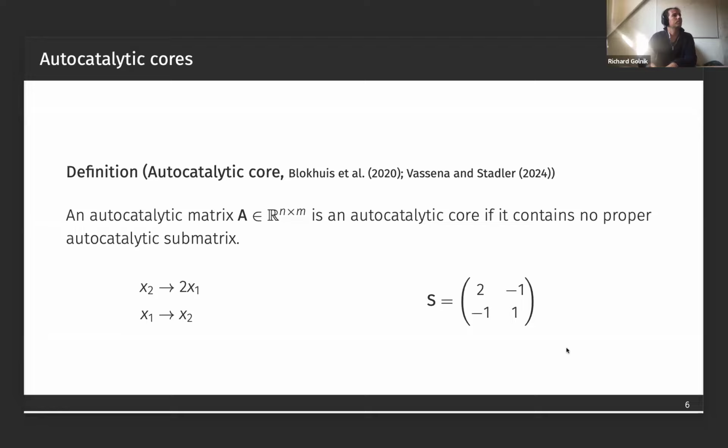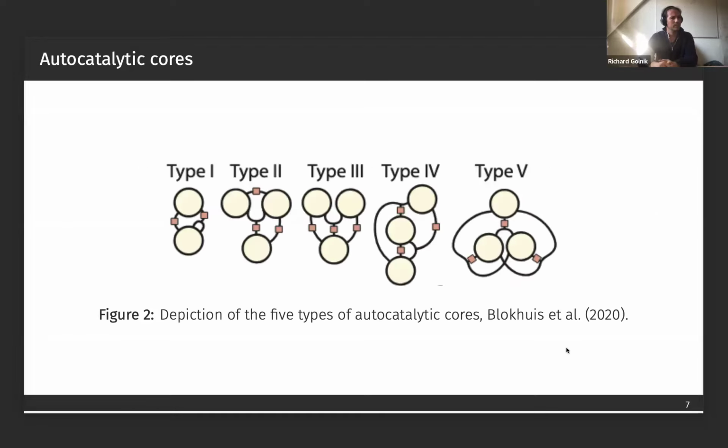Okay. And in a setting where all of the reactions are considered reversible, in the paper in 2020, Alex and his collaborators gave a complete characterization of all of the autocatalytic cores into 5 different types depicted here. However, in our case, we assume that there can also be reactions that are irreversible.